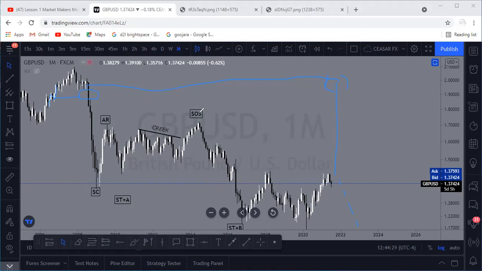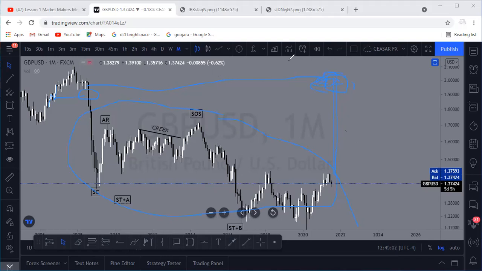So for them to push the price from here up until here, they needed to form what we call a Wyckoff schematic, or an accumulation, for them to be able to push the price there very fast. So they need to grab a lot of liquidity to move the price up until this stage. You can see that this is the monthly time frame. It will take a very long time for them to arrive at these zones here.